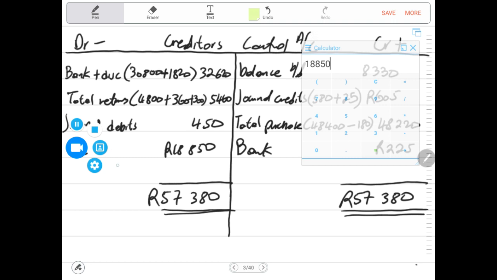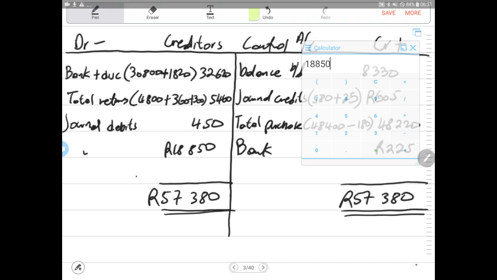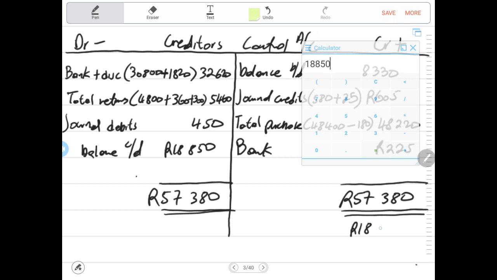This gives us our balance, the balance carried down, and that will be the balance brought down, 18,850.